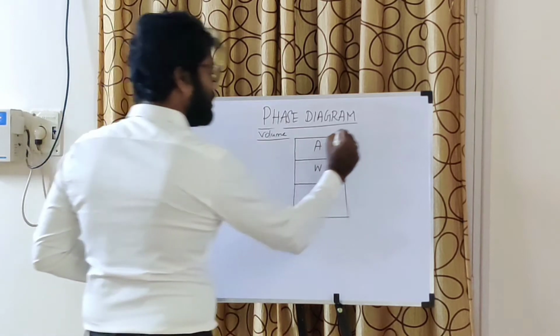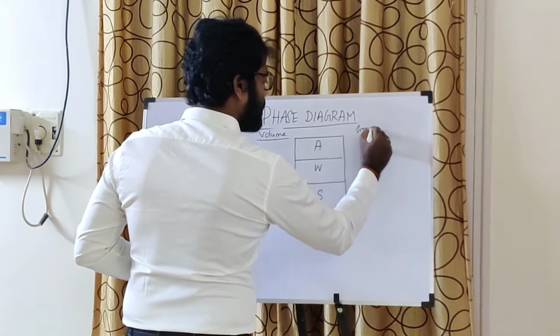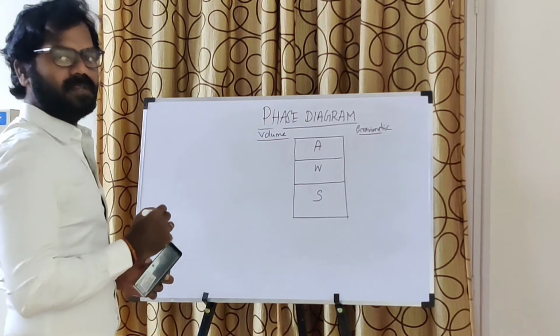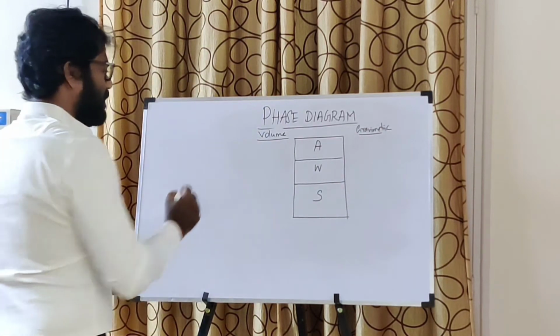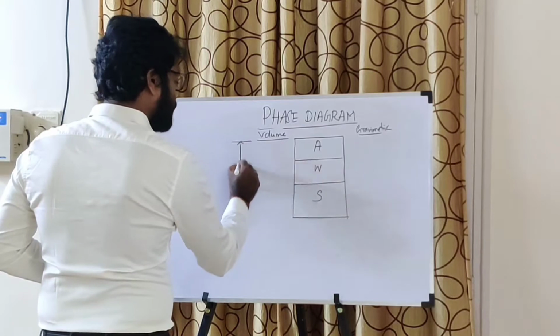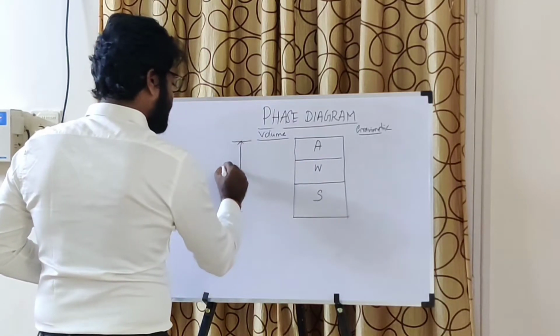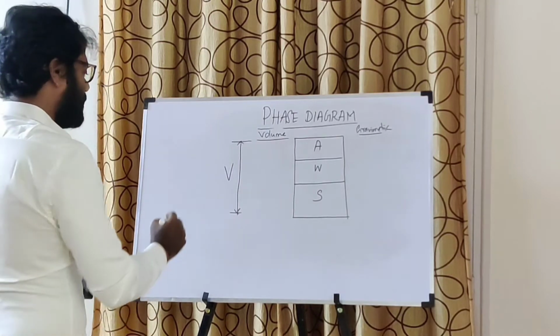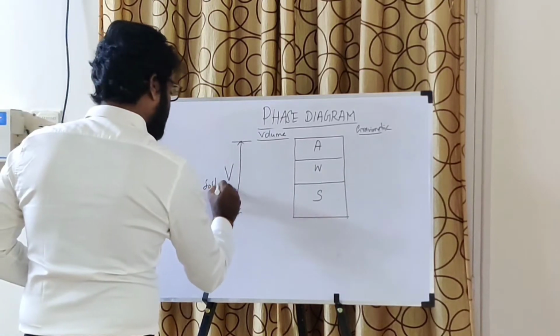On the right hand side, we have to use gravimetric representation. So on one side we have volumetric, on the other side gravimetric. The total volume of the soil mass will be denoted by capital V. Soil mass, that you have to understand.